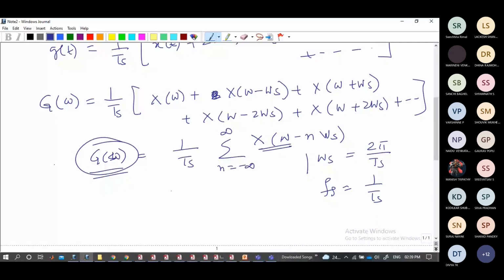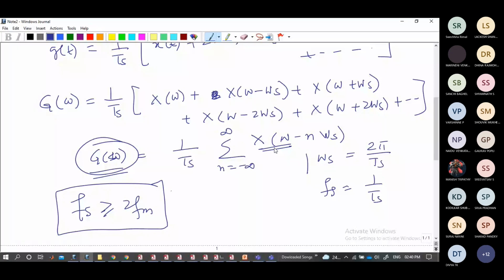It is clear that if I consider fs greater than or equal to twice fm, that is the sampling theorem, that is the only way it is possible to generate the X of omega from G of omega. So G of omega has the X part. If I want to reconstruct at the receiver, it can only be possible if we have sampled it in the transmitter with an fs greater than twice fm, and in the receiver we will reconstruct the signal without any overlap.